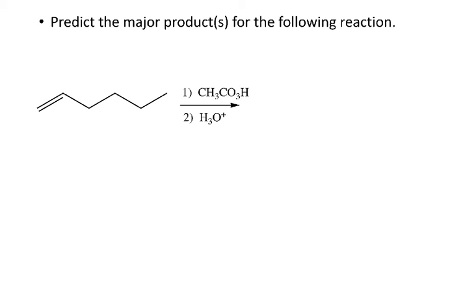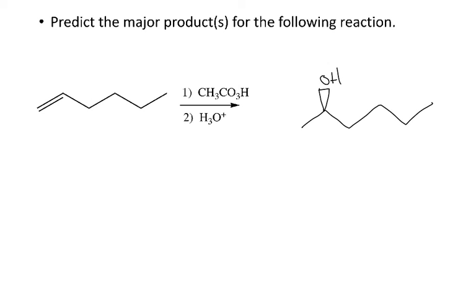Okay, so here's another example. Again, I'll be doing the anti-addition, although in this case we're going to have a chiral carbon produced in the product here, but this carbon is going to have two hydrogens on it, and so it's not going to be chiral. And so whether this is syn or anti doesn't really matter. But our products, I can get one OH here because this carbon, even when I put the OH on it, it's still going to have two hydrogens.